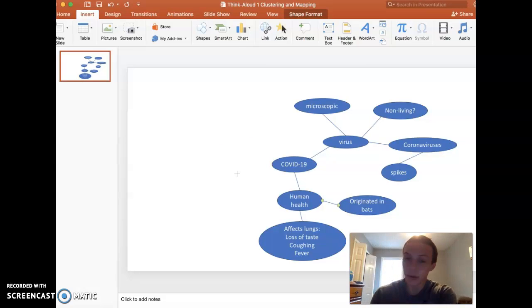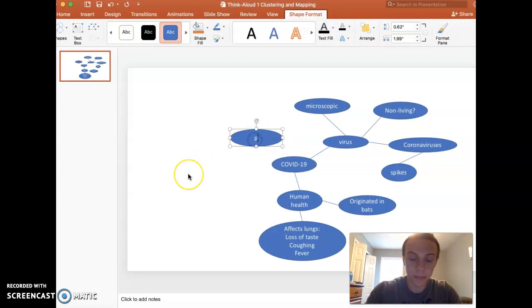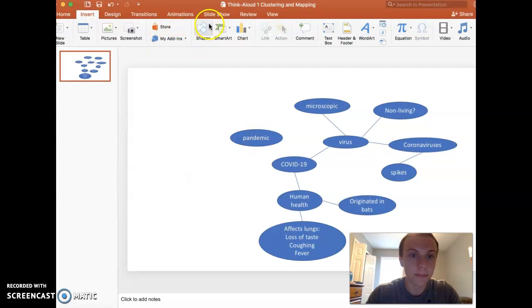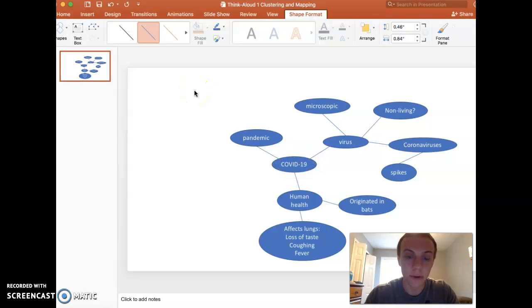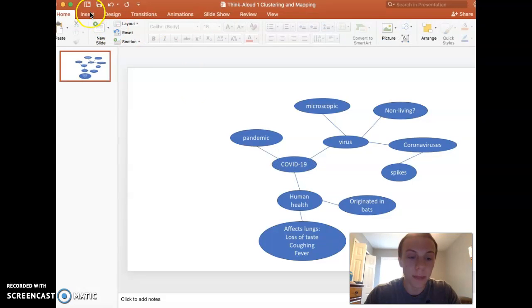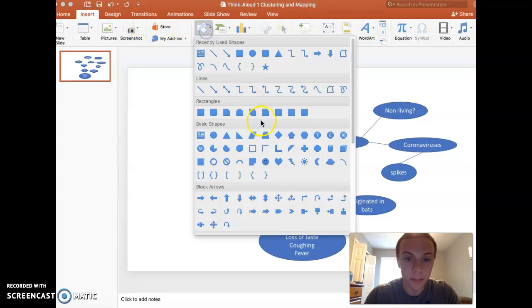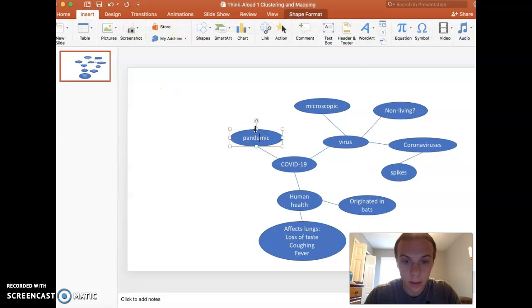All right, so another thing we know about COVID-19 is that it's a worldwide thing, and that's why we call it a pandemic. It's affected the entire world. Pretty much every country in the world has felt the effects of it. So it's a pandemic, and a pandemic is a worldwide epidemic.